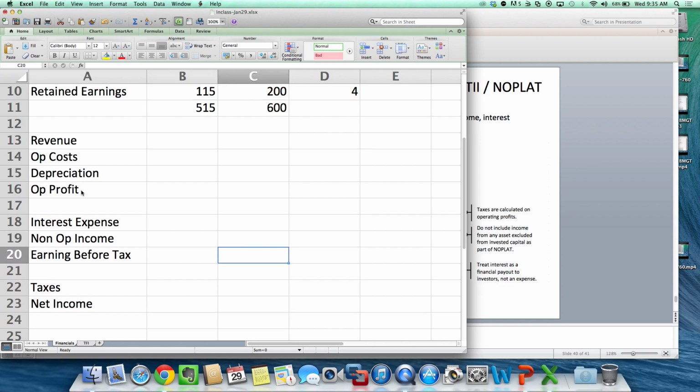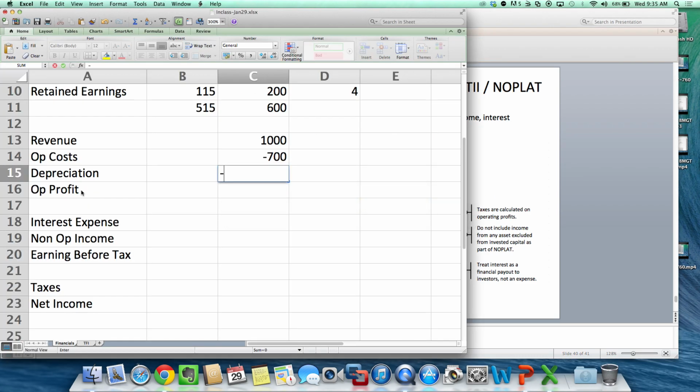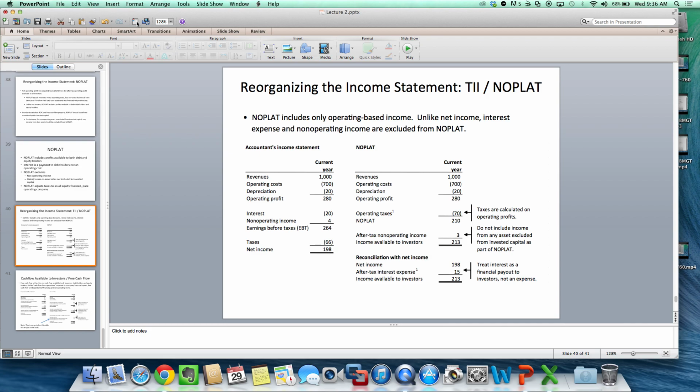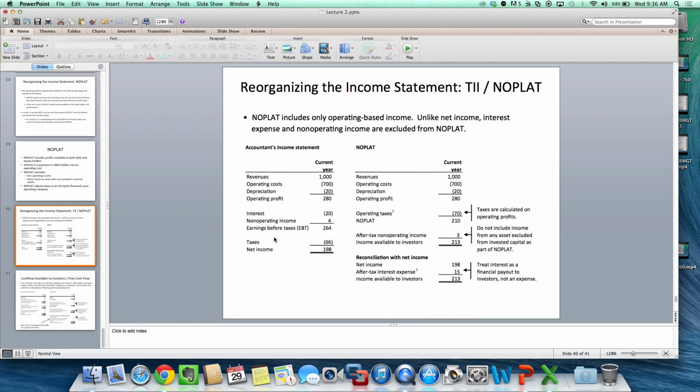Now, just so I'm keeping my years straight, the income statement is in the current year. So, was it 1,000 minus 700 minus 20? Operating profit is the sum of those three. Interest expense is negative 20. Non-operating income is 4. Earnings before tax is the sum of operating profit and those. It's 264.